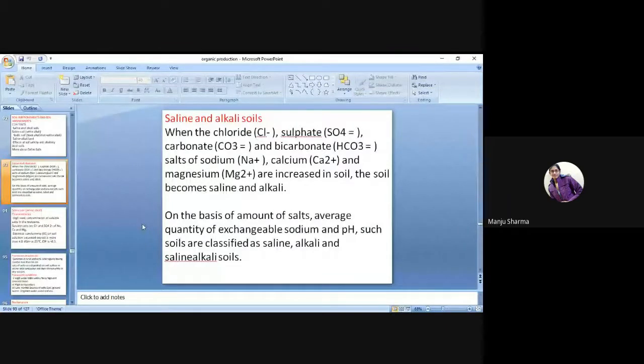On the basis of the amount of salts, average quantity of exchangeable sodium and pH, such soils are classified as saline, alkali, and saline alkali soils.